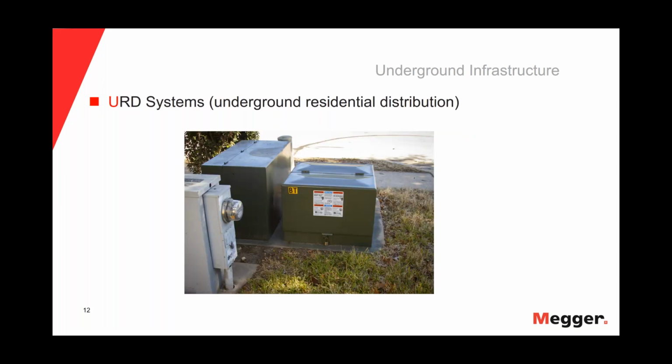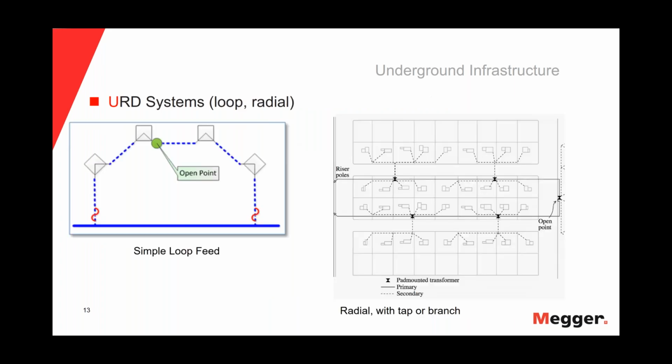Then if we move to a URD system, in some sense, these underground infrastructures can be a little bit simpler, perhaps characterized by the classic green pad mount transformer in someone's front or backyard. If we look at some very simplistic diagrams of these URD systems, you could have something as simple as a loop feed, which is relatively easy to troubleshoot and to move the normal open for power restoration.